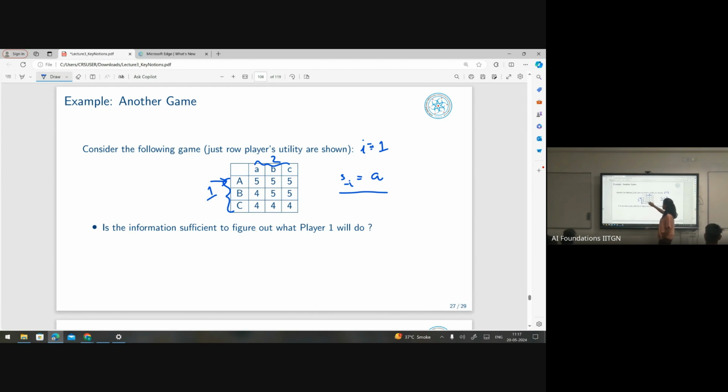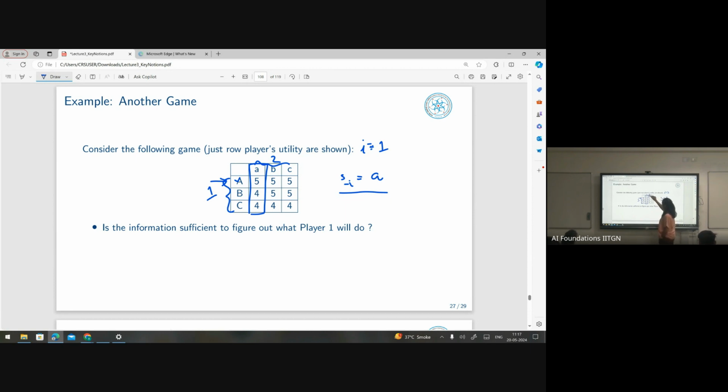If the other agent is playing small a, since I am trying to maximize my utility, I'll fix this particular column. I should always play capital A, right? Because that is giving me the most utility out of the 3 strategies that I have, given that the other player is playing a.